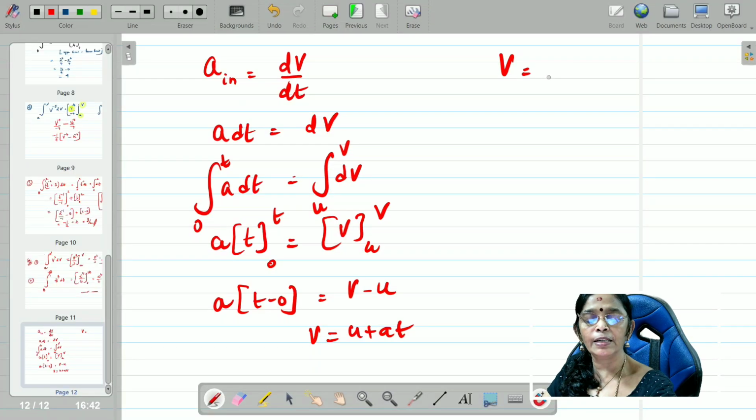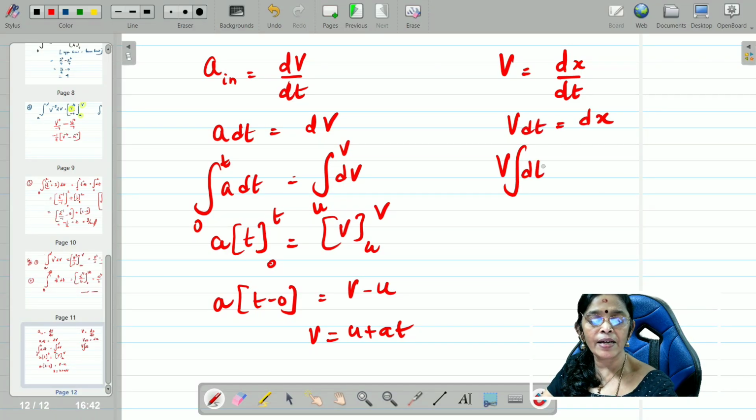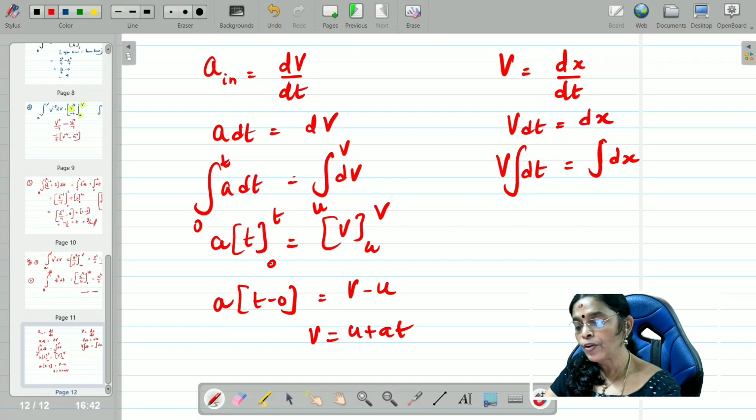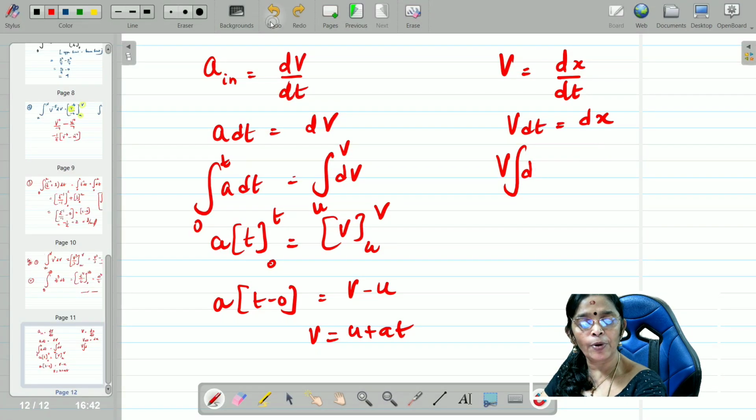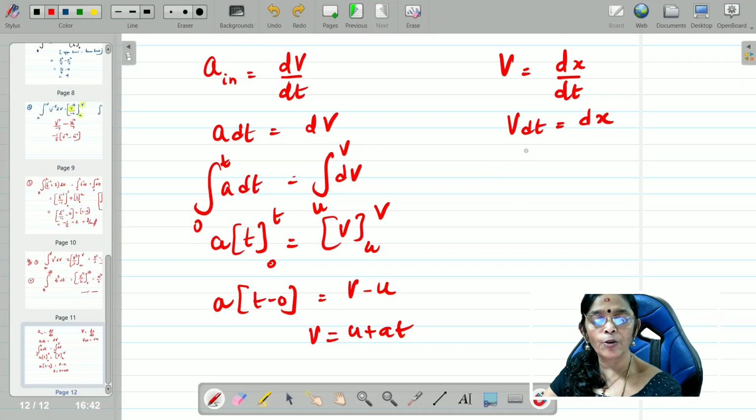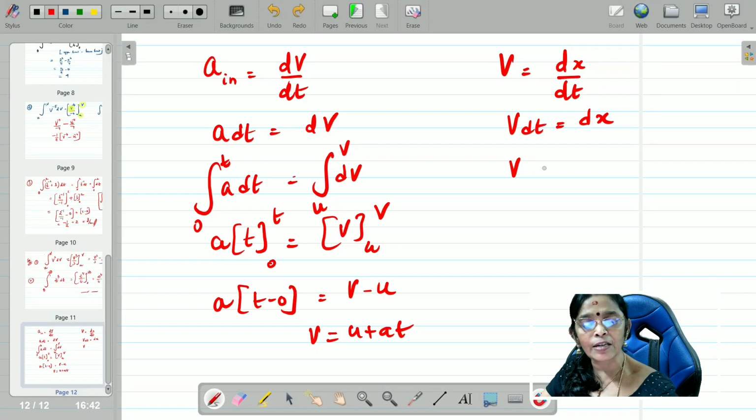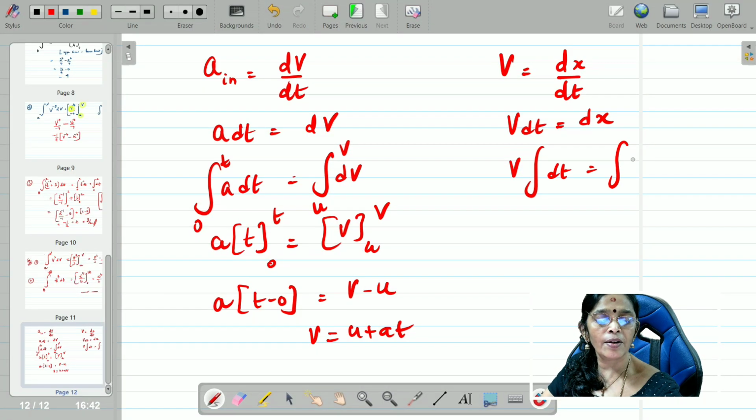For example, v is equal to displacement by time taken. So v into dt is equal to dx. Integrate both the sides. v into integral dt is equal to integral dx.